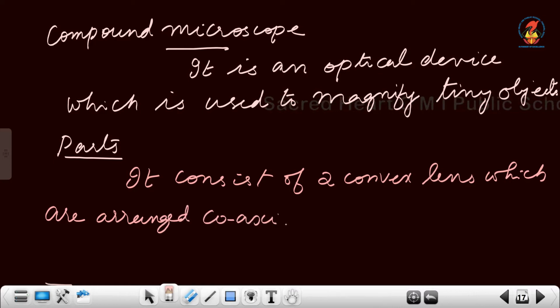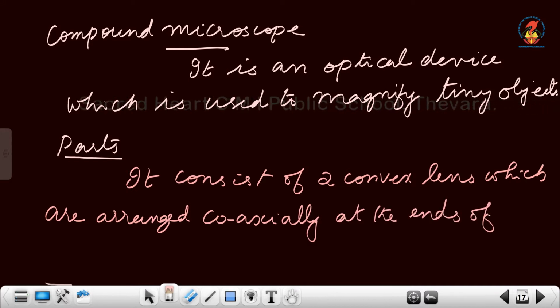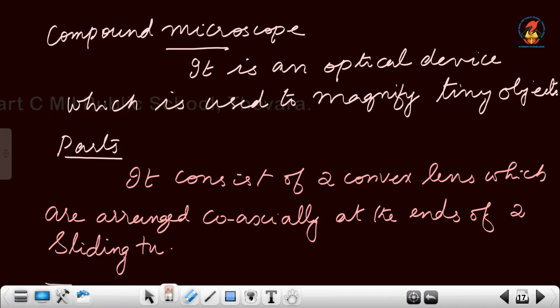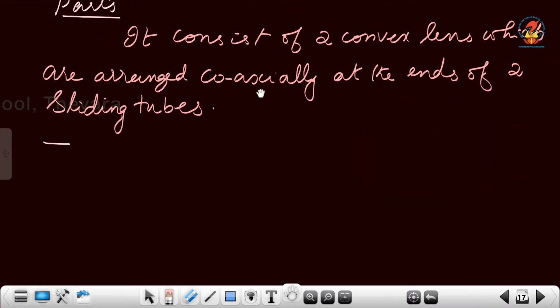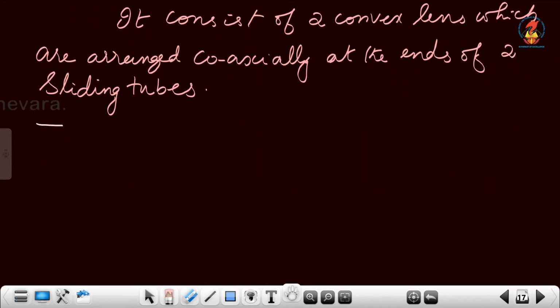Coaxially means what? Along the same axis. Coaxially at the ends of two sliding tubes. So, there are two convex lenses, and these two convex lenses are known by name.